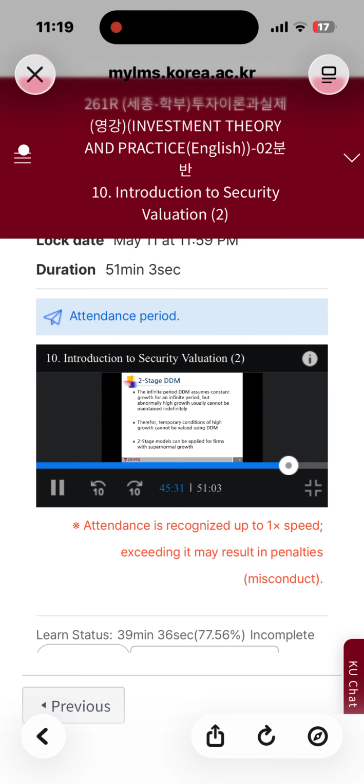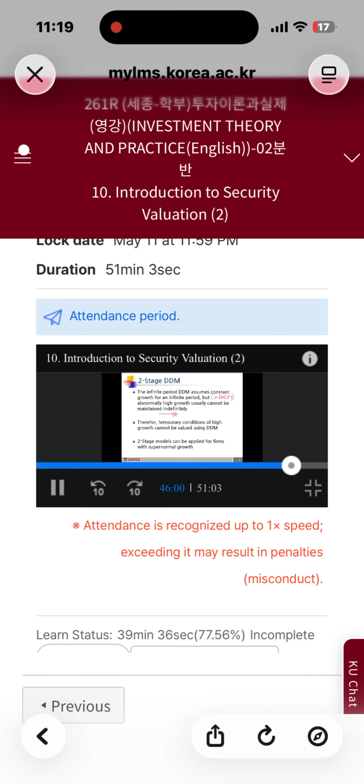But in reality, firms, say venture companies or startup firms, abnormally grow in the first years, and in this case, the growth usually cannot be maintained indefinitely.